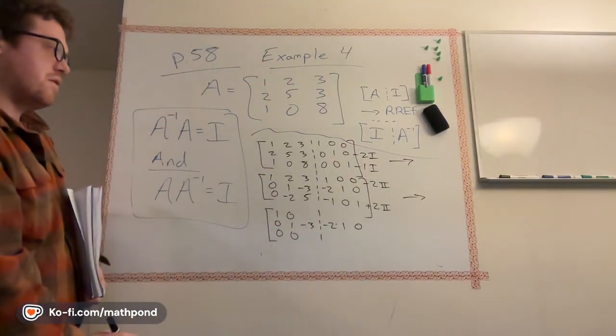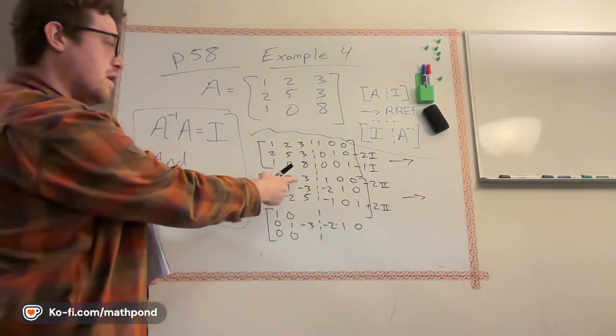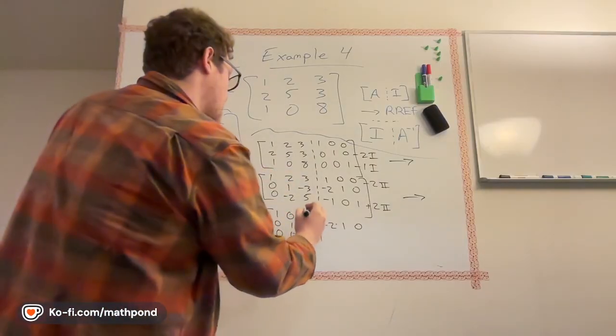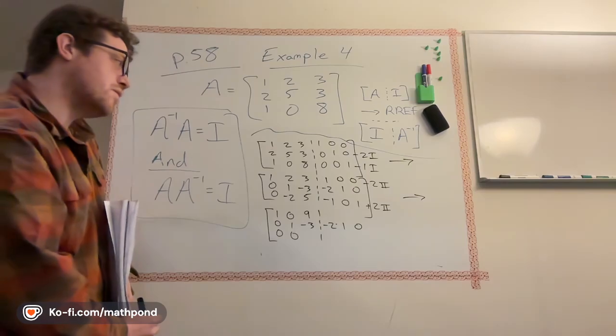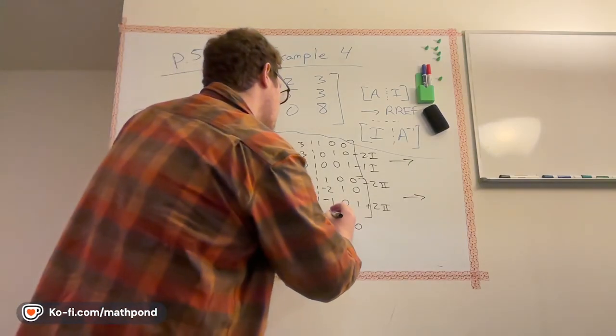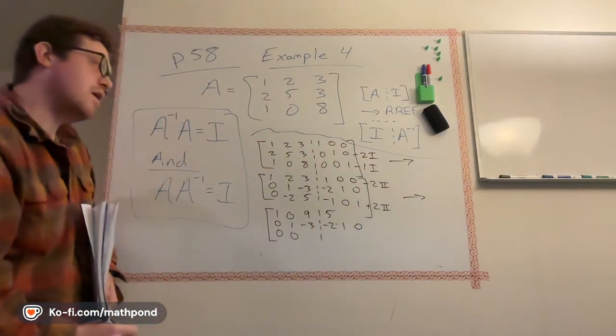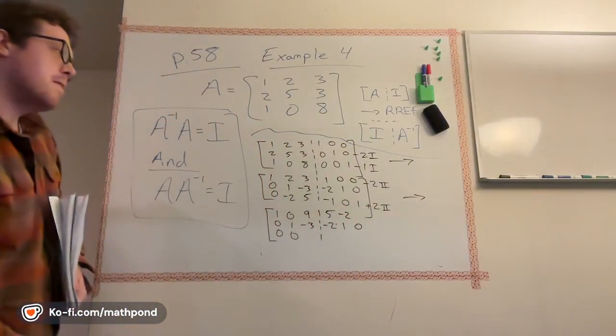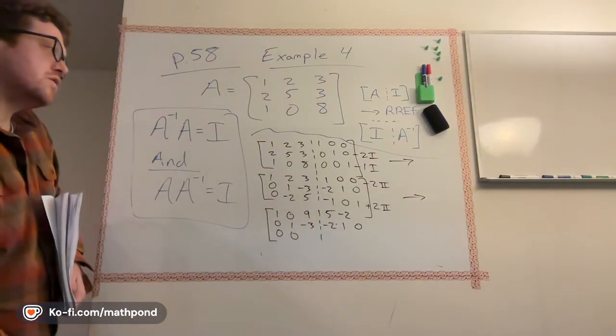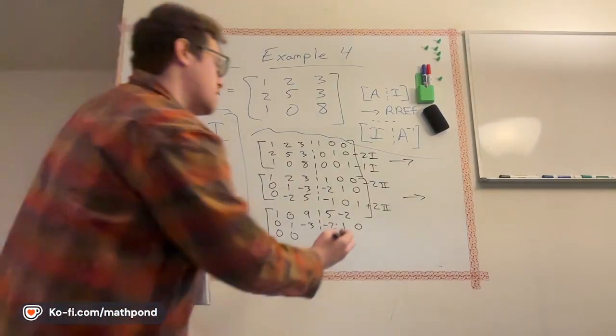And now the first row is going to be 3 plus 6 is 9. 1 plus 4 is 5. 0 minus 2, negative 2. And 0 minus 0 is 0.